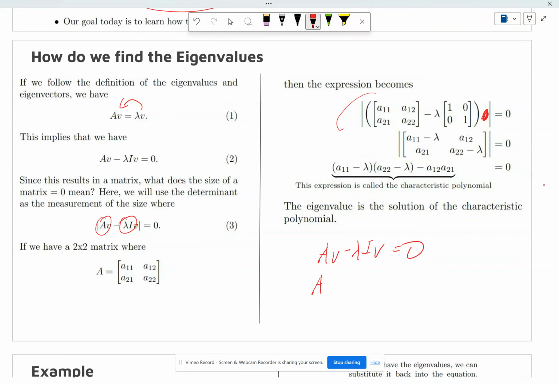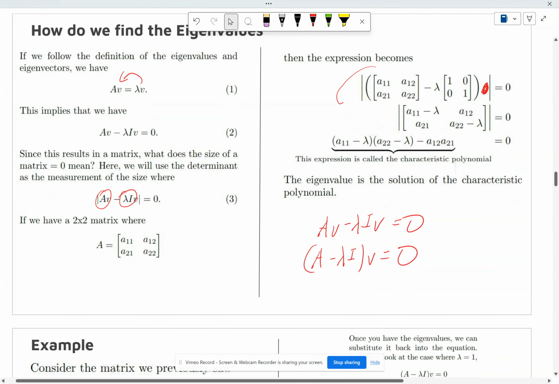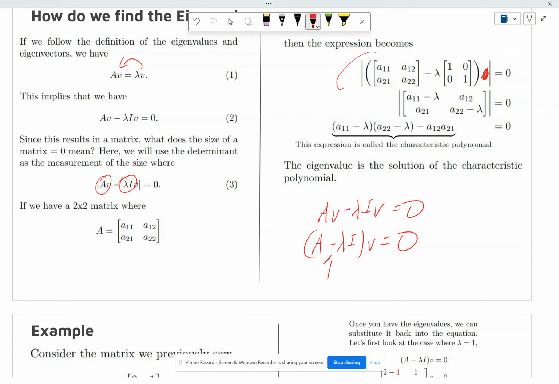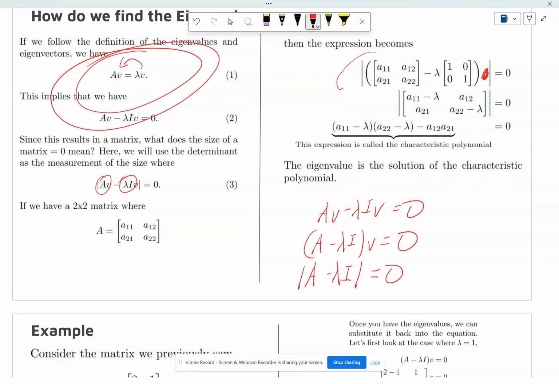And then we have A minus lambda I times V is equal to 0. So here is the matrix, and we want this to be 0. So the determinant of A minus lambda I should equal 0. That came from this relationship.